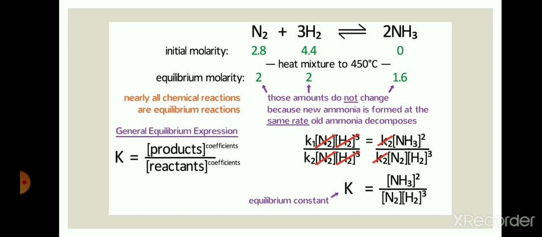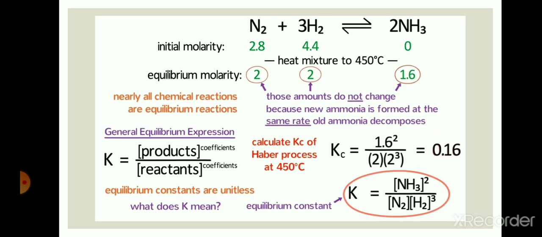To do that, we're going to use the equilibrium expression of the Haber process and plug in the molarity of each species raised to the power of its coefficient at equilibrium. Kc equals 1.6 squared divided by 2 times 2 cubed, which is equal to 0.16.